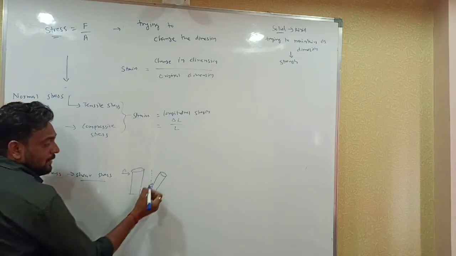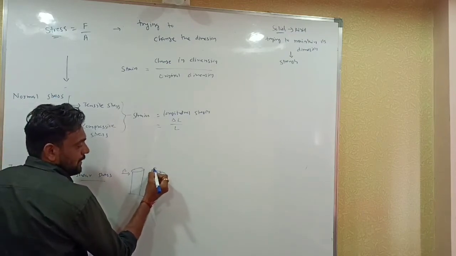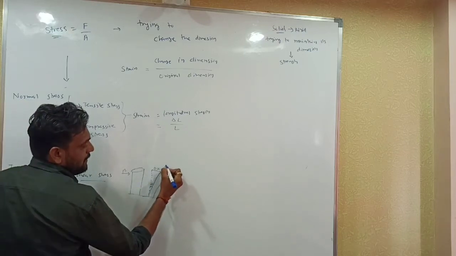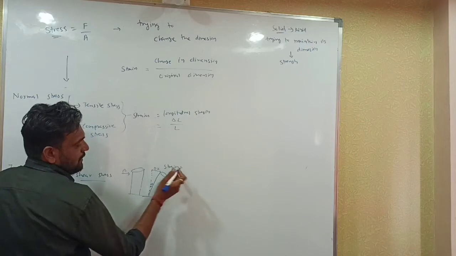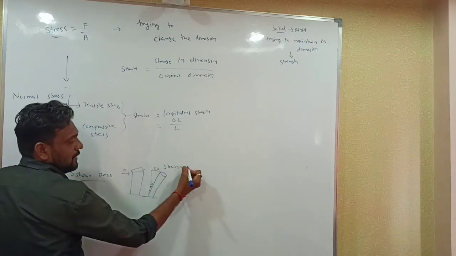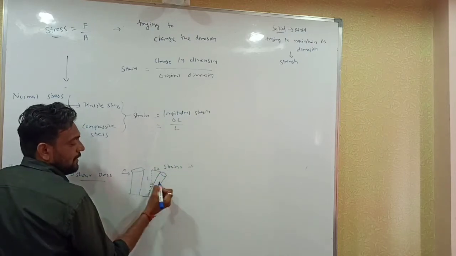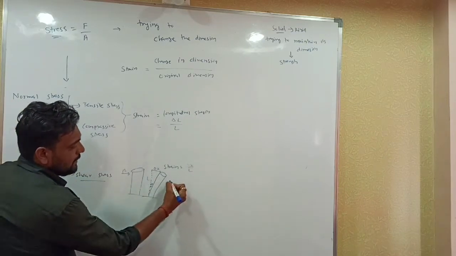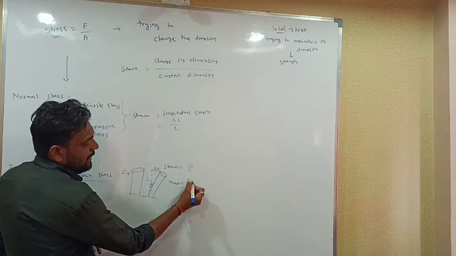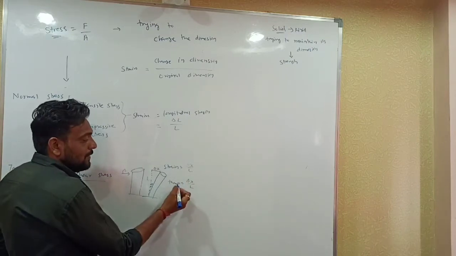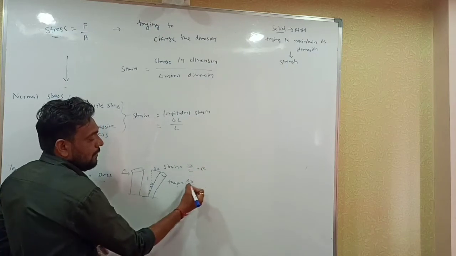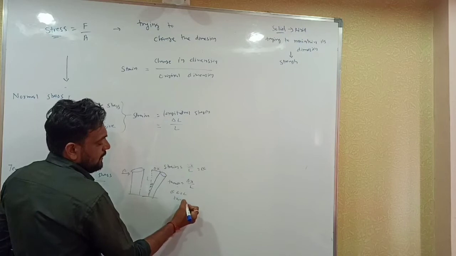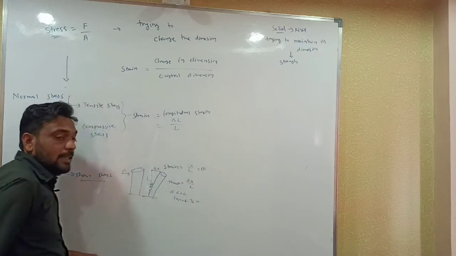Suppose this is the delta x, then the strain is change in dimension, delta x, by the original dimension L. We very well know that tan theta is equal to delta x by L. If theta is very small, then tan theta is approximately theta.